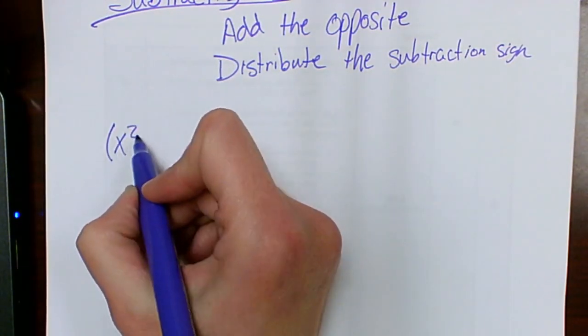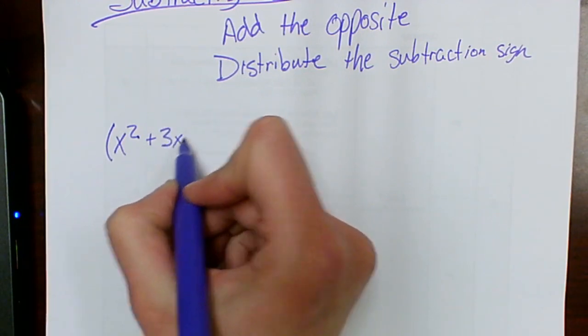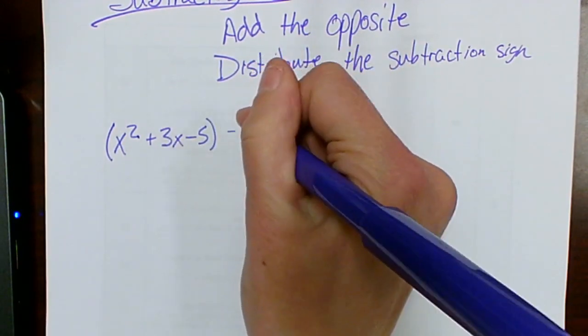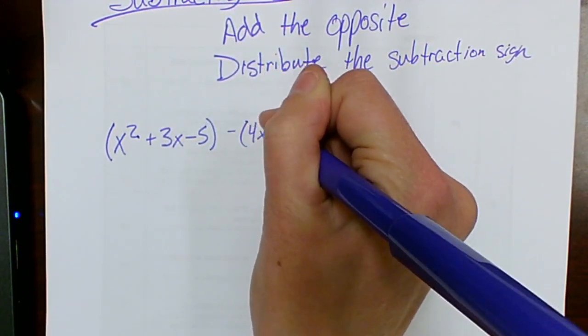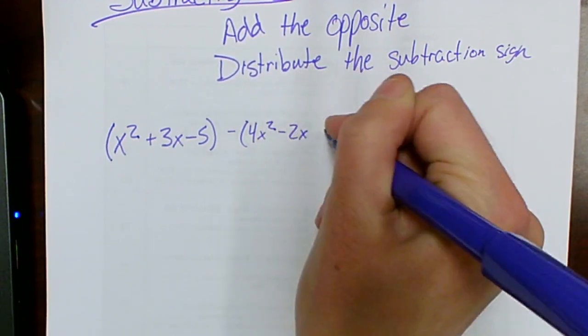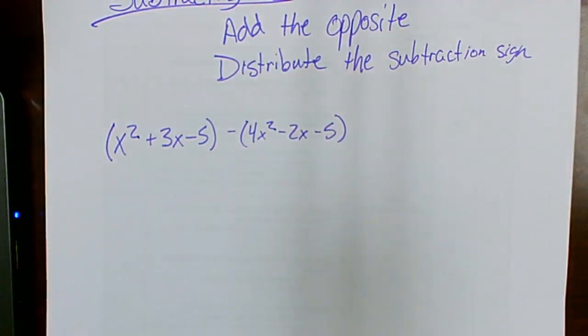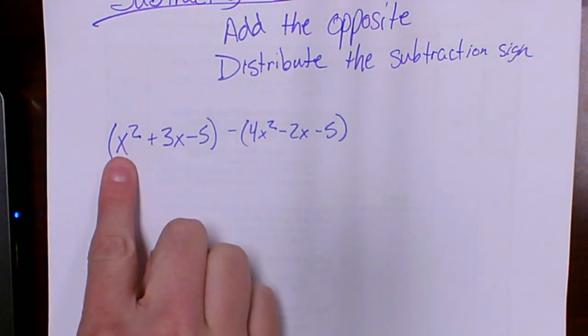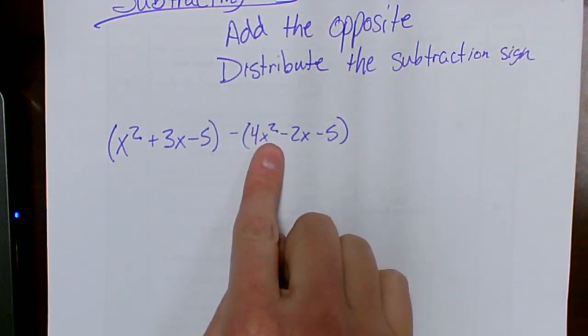So x squared plus 3x minus 5, we're going to subtract that from 4x squared minus 2x minus 5. So simply, before we add the opposite or distribute the subtraction sign, how we would go about this is x squared minus 4x squared.